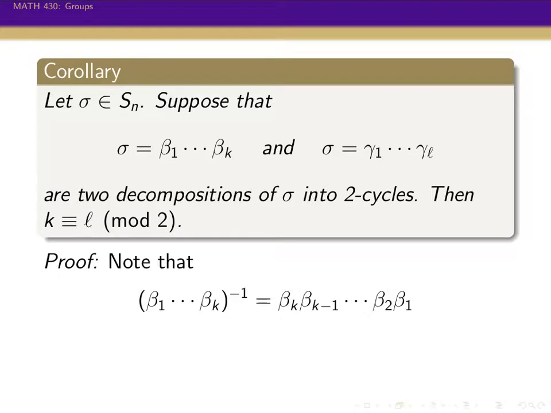Well, first thing to note is that if we're taking our product of 2 cycles and we want to invert it, inverting a product of 2 cycles just means reversing their order. And this is just the socks and shoes principle.